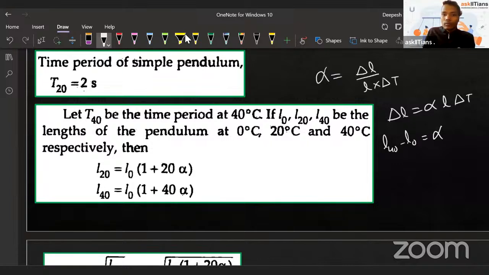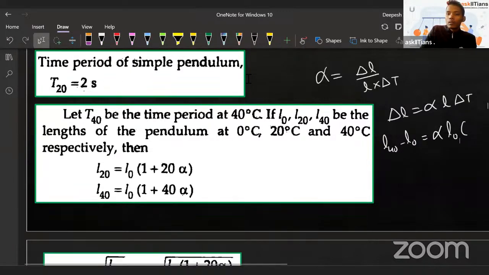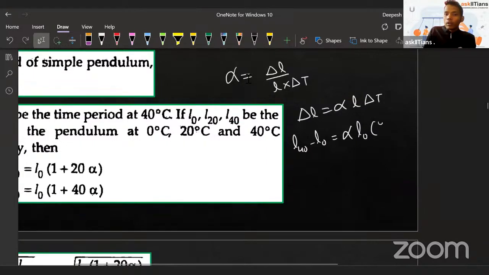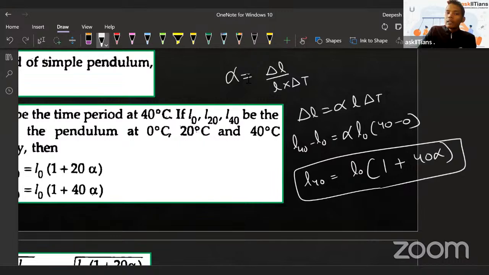Alpha into original length. The original length is at 0 degrees Celsius, and the temperature change is 40 minus 0. So you will see that L40, L0 will go over there and you can take L0 common. It will be 1 plus 40 alpha. So this is how we are making it.